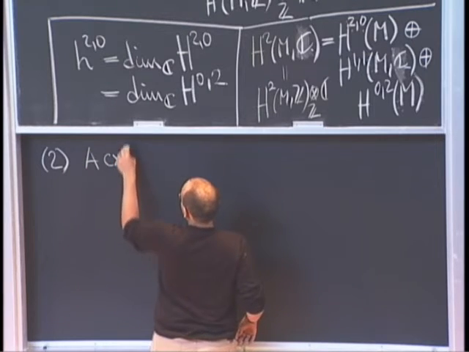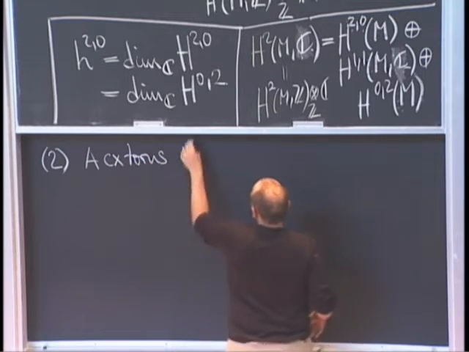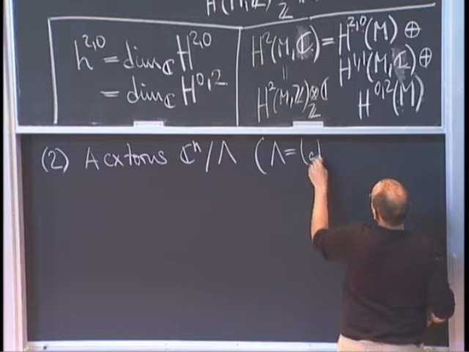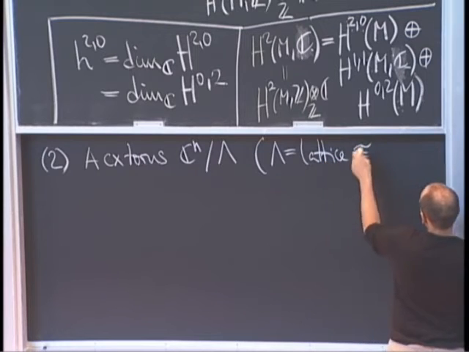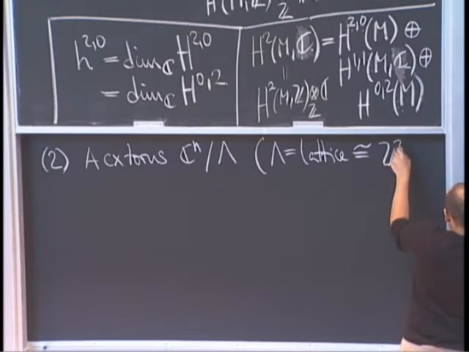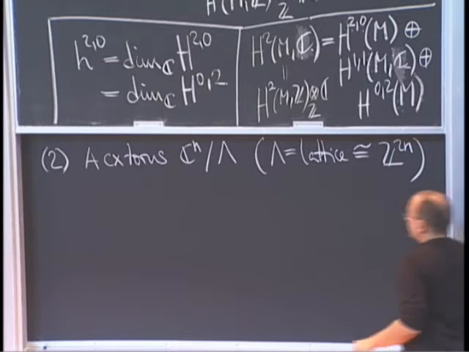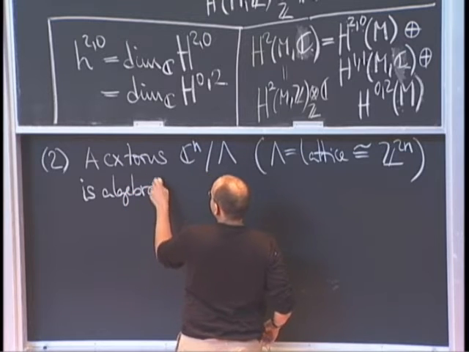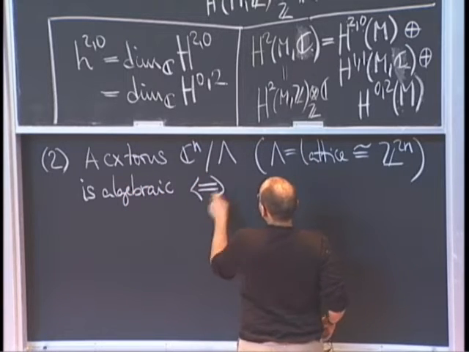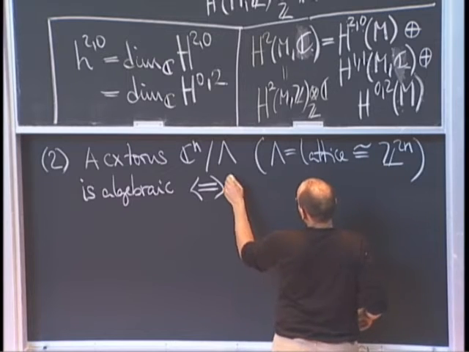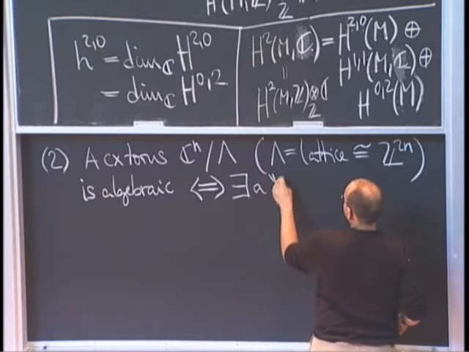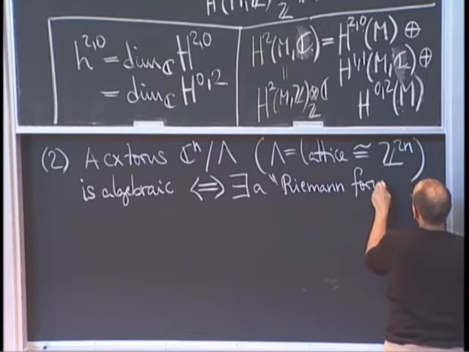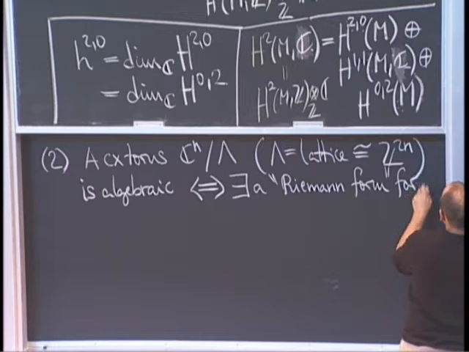A complex torus will be C^n mod Lambda for a lattice Lambda, a free abelian group isomorphic to Z^2n. It is algebraic if and only if there exists what is called a Riemann form for this lattice Lambda.